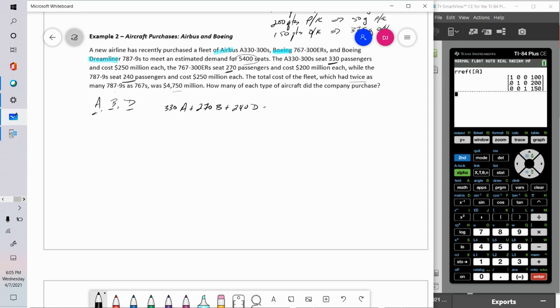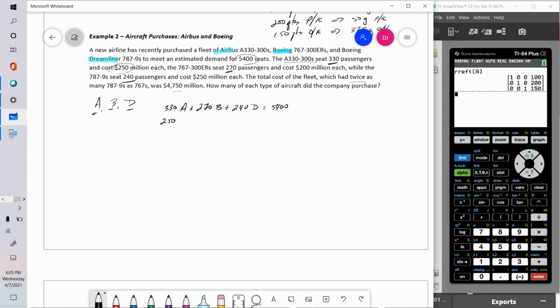So if I have 330 passengers per Airbus, 270 passengers per Boeing, and 240 passengers per Dreamliner, and we have a demand of 5,400 seats for our passengers, there's the number of seats available. Okay. Now let's talk about the cost. The Airbus will cost $250 million each.